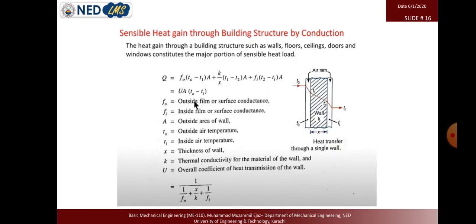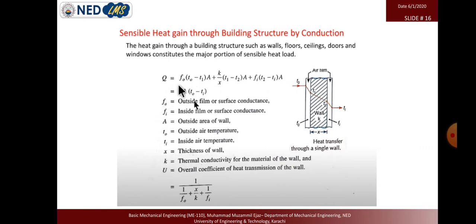Okay, so to evaluate the heat produced by sensible heat, we need the following formula. It's a very big formula and has a large quantity of factors like outside film surface conductance, inside film, outside area walls, outside area temperature, thickness of all.